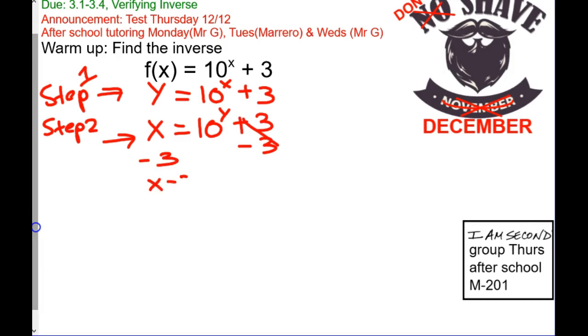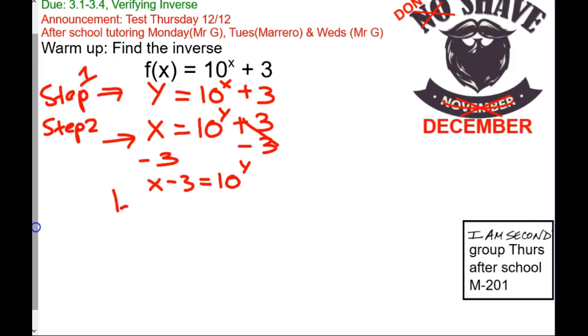So we have x minus 3 equals 10 to the power of y. Now, what was that thing we learned to get y out of the exponent? What was it called? Log. So I'm going to write on each side log little 10.